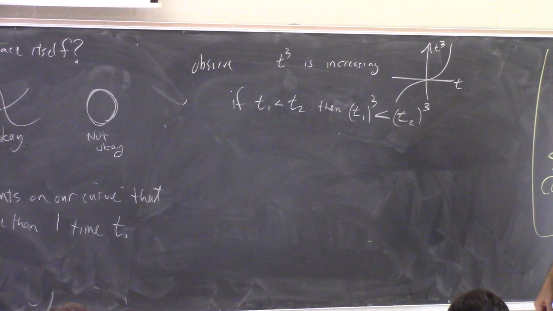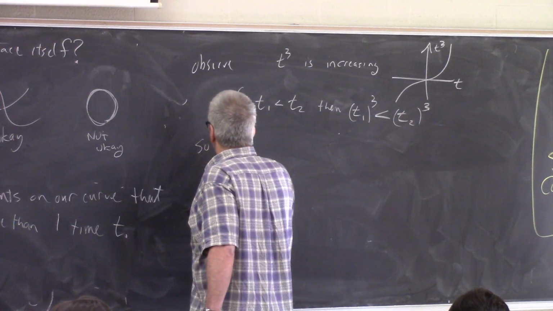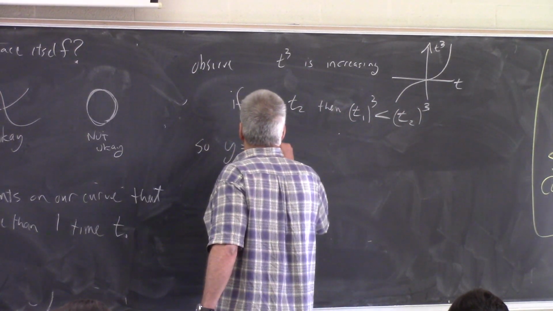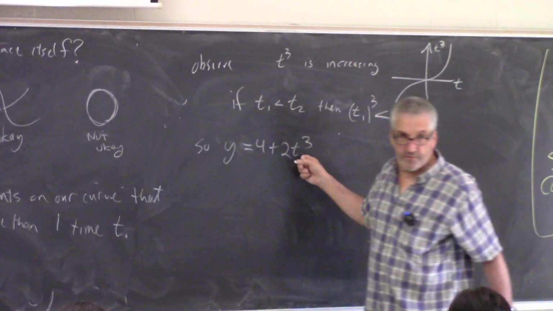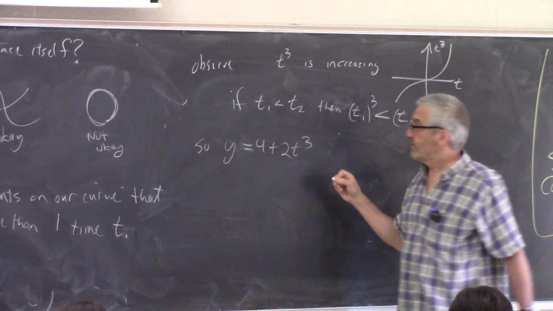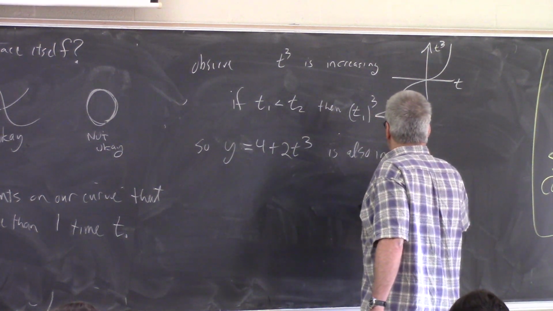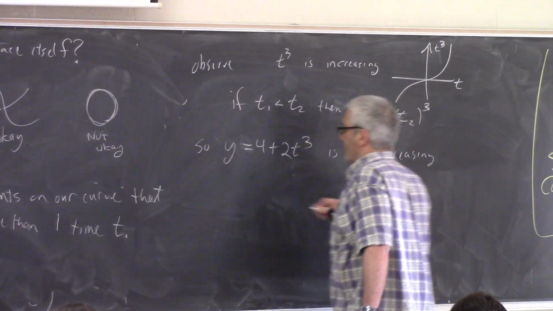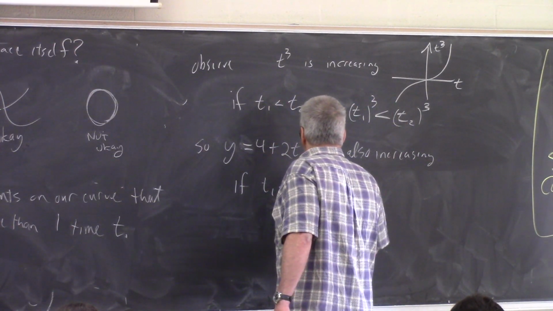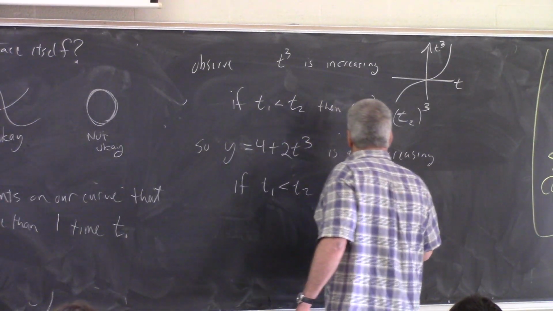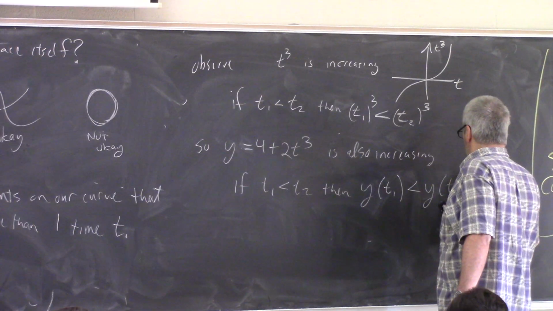So look at our formula. Our y-coordinate is y equals 4 plus 2t cubed. That's also going to be an increasing function. So if t1 is less than t2, then y at time 1 is going to be less than y at time 2.